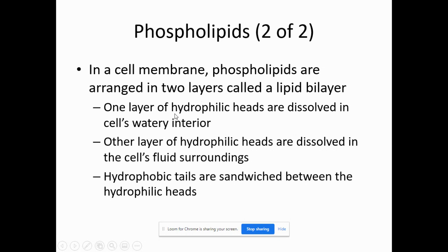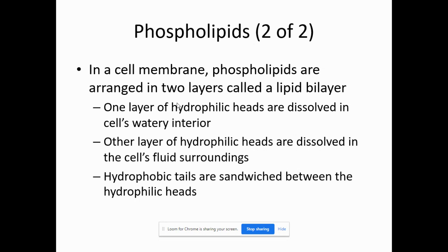The hydrophilic heads point to the inside of the cell and the exterior environment, and the hydrophobic tails are in the interior of the cell membrane. So you have two layers of phospholipids interacting together, and that's why it's called a lipid bilayer.